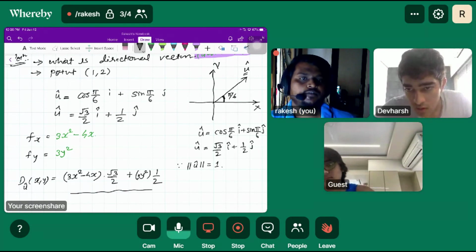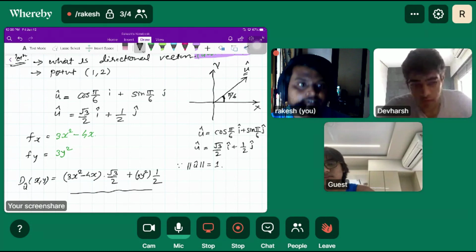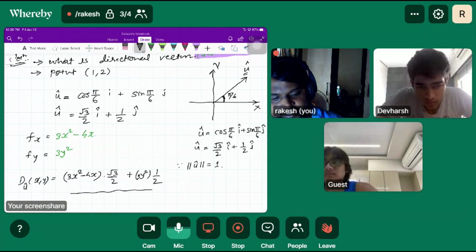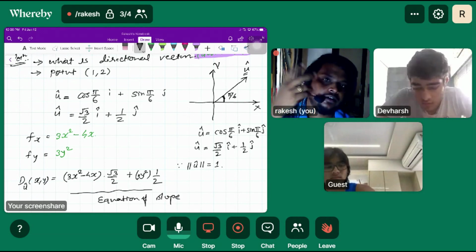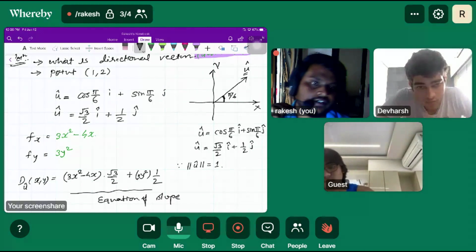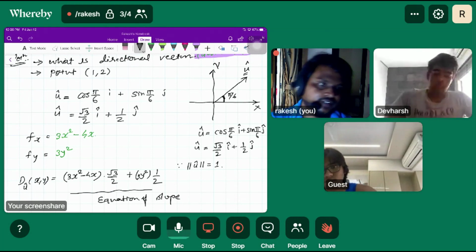The slope of the tangent line would be constant. No. What is this? You can write, this is an equation of slope. Do you remember, in a two-dimensional figure also we find the equation of the slope, and based on the given point we can find the exact value of the slope at that point, right?